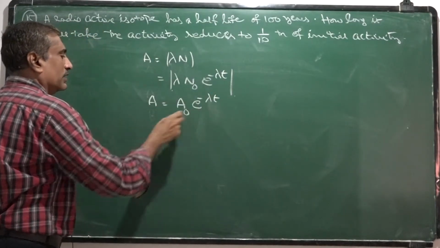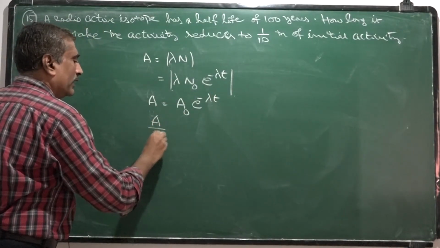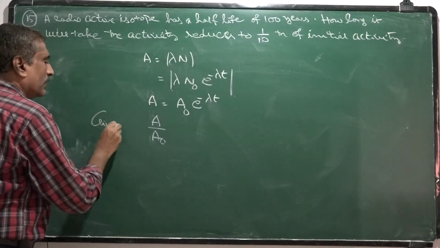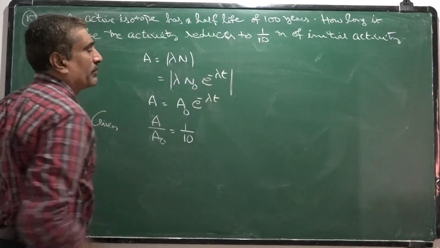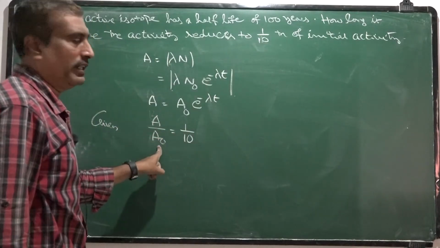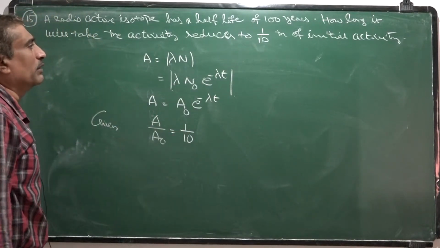So you have to follow this equation. Given A by A0 is 1/10.